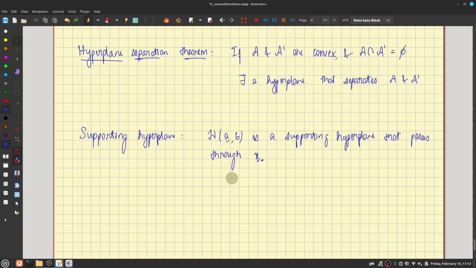Typically we take x naught to be on the boundary of A. It satisfies two conditions: one, the entire set A lies on one side of the hyperplane, or in one half space defined by the hyperplane.